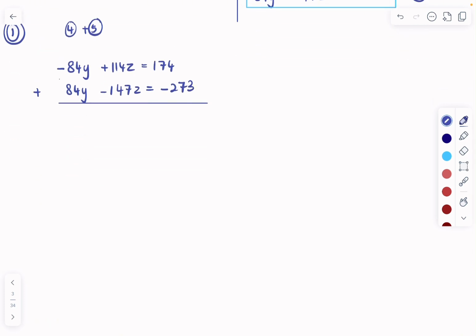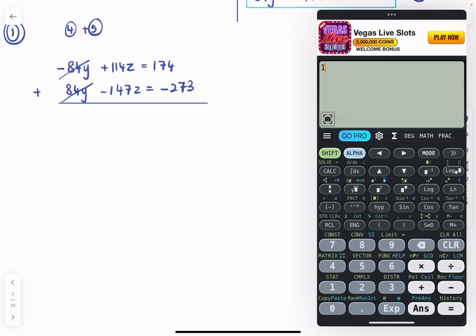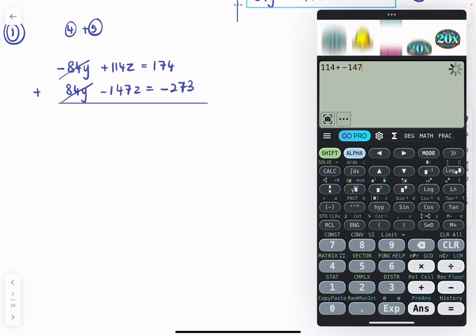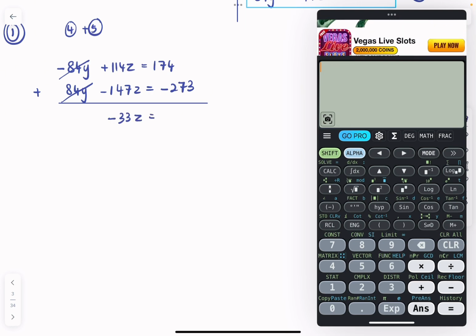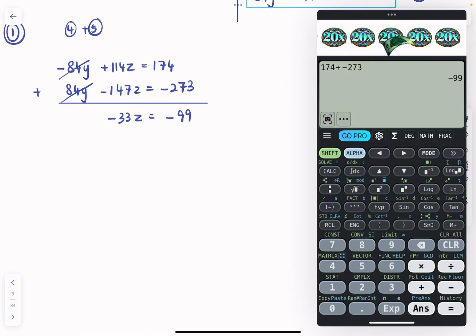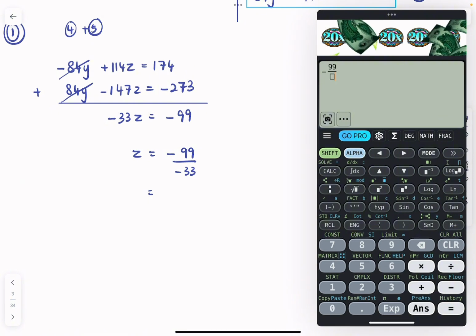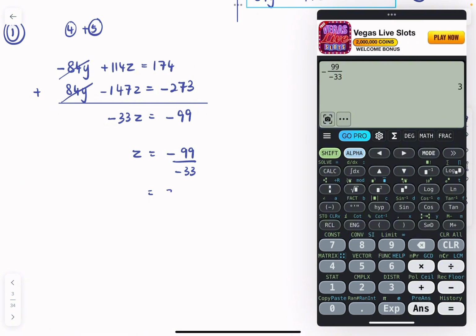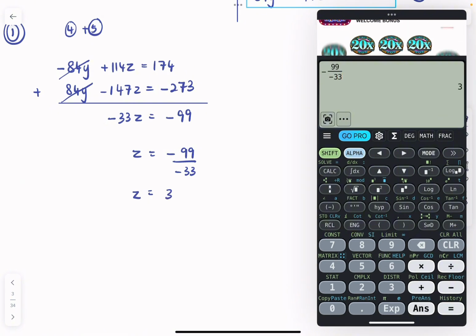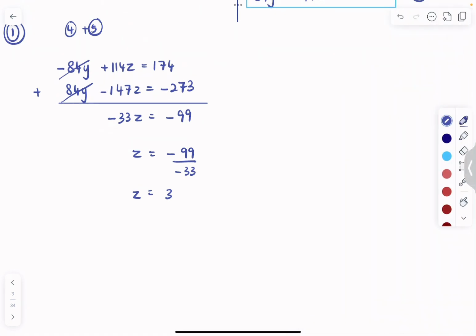So plus plus, this will cancel off. 114 plus negative 147, you get negative 33z. 174 plus negative 273 is negative 99. So from here, z will be negative 99 over negative 33. We get 3. Done. So we've already solved 1.